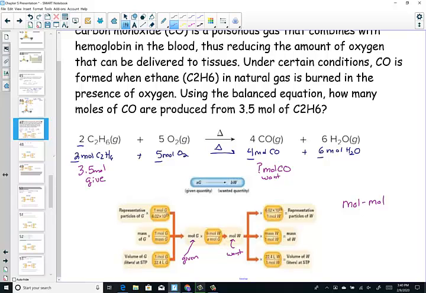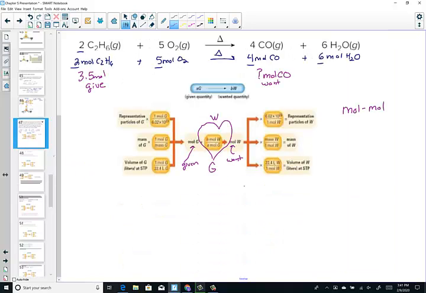And the coefficients serve as our conversion factor, the heart of our stoichiometry roadmap, the want over given coefficient ratio, since coefficients stand for moles. We use the coefficients as a conversion factor. Now, since I'm at the mole, I don't need the first step.